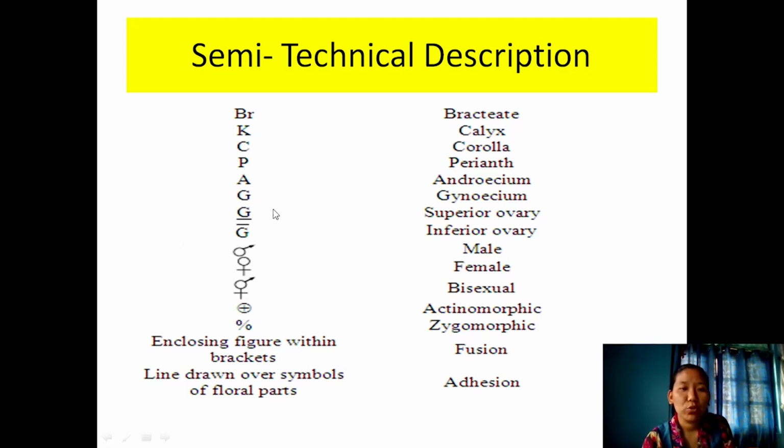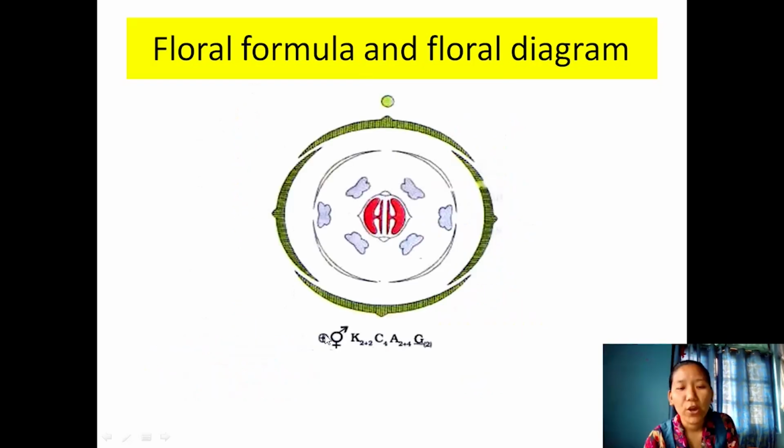Likewise, we also know that androecium is borne on the thalamus. Sometimes androecium is attached to the perianth or to the corolla. If it is like this, we have to show this addition like this. So these semi-technical terms can be represented by various symbols in this formula.